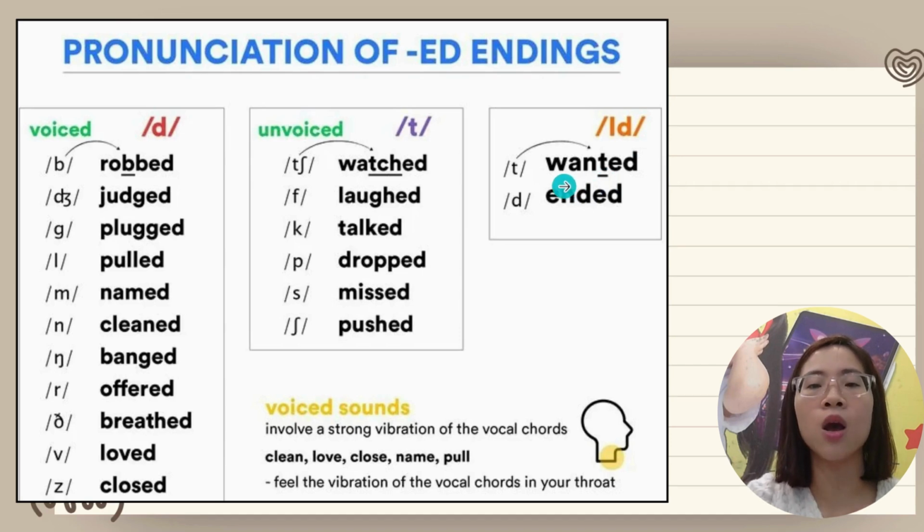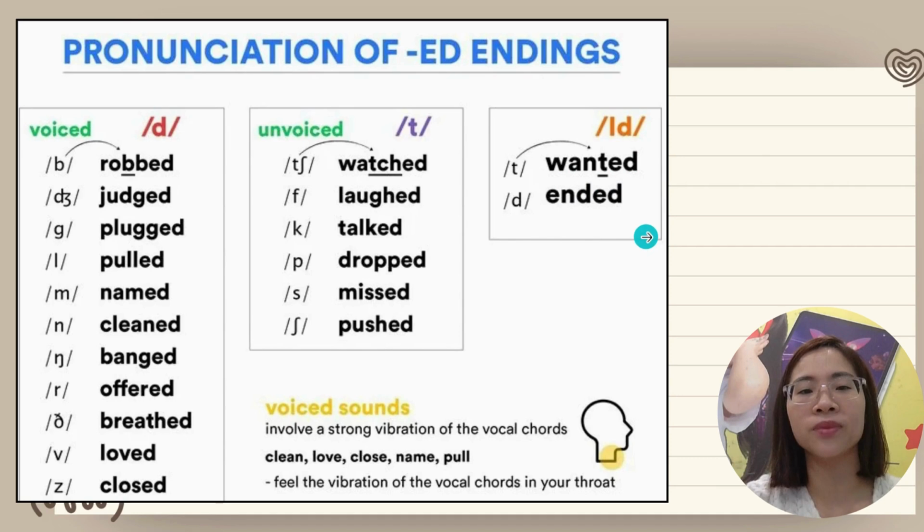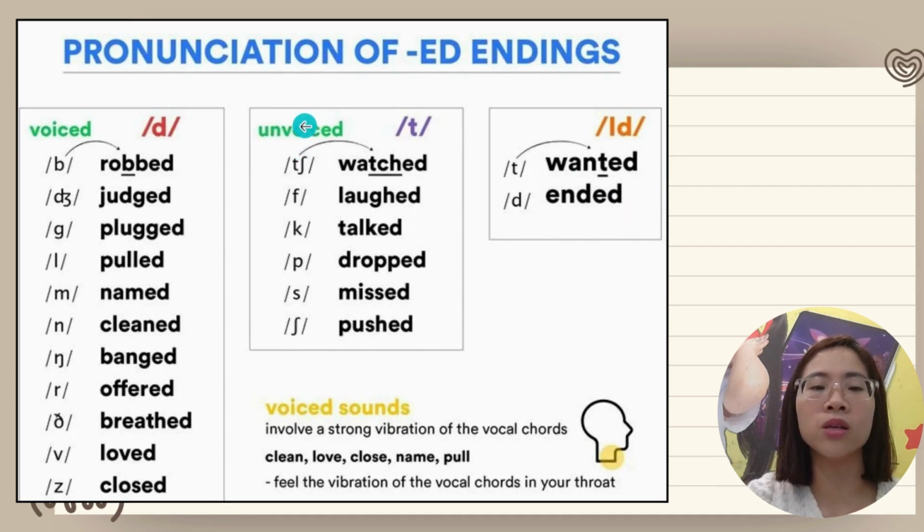For example, want, wanted, end, ended. And if the words end with an unvoiced consonant, ed will be pronounced t, like watch, watched, laugh, laughed, talk, talked, drop, dropped, miss, missed, push, pushed.